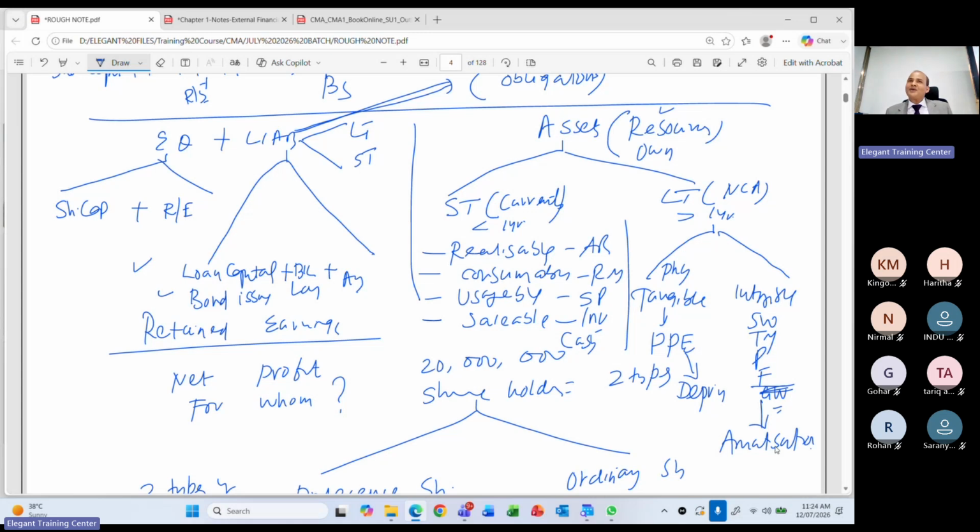Factory building used for production. Your admin building used for admin purposes. So long-term assets are held for use in the business, either for administration or for production. Clear? So that was all our balance sheet.